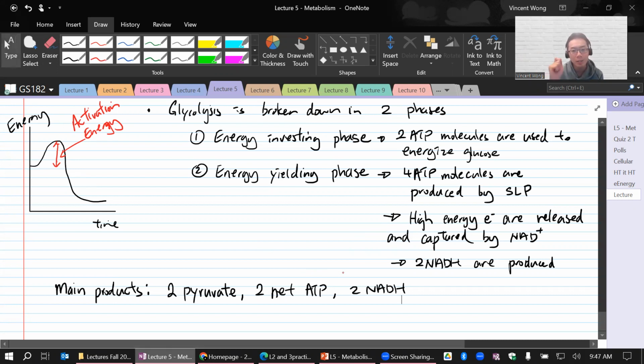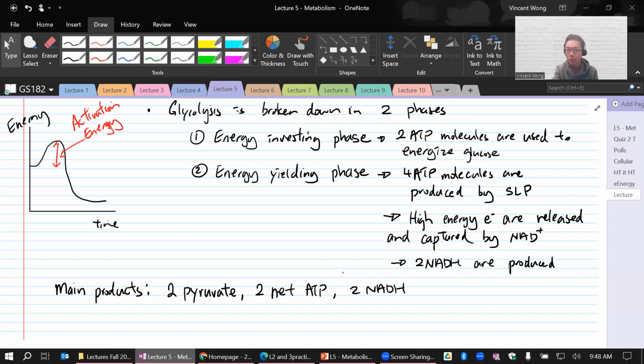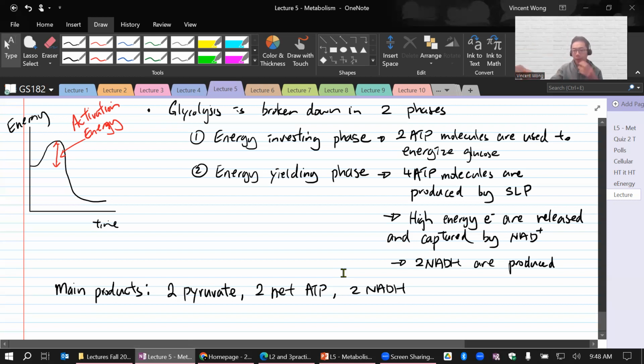How many ATP can you make with just one NADH? 3. 3, right? So, comparing the chemical energy, NADH already has more chemical energy than ATP because ATP is just one ATP, but each NADH can make 3 ATP, right? So energy-wise, NADH already has more energy than ATP.